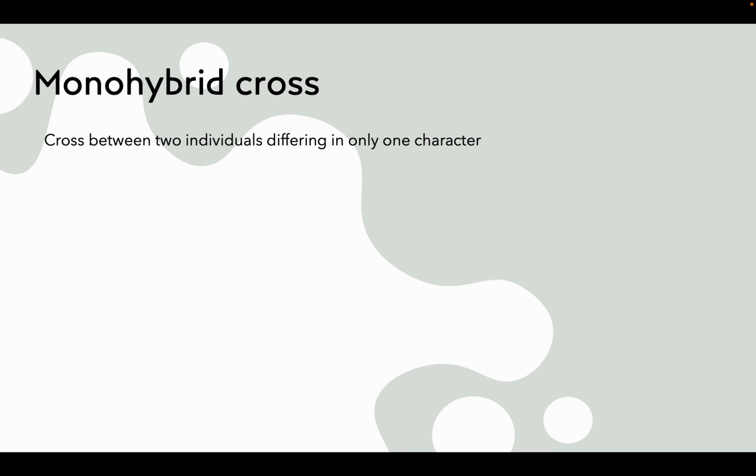Suppose one flower has red color and the other one is white, so we are talking about only one character. When we cross individuals in which we are studying only one character, it is called a monohybrid cross, and the character depends only on one gene.